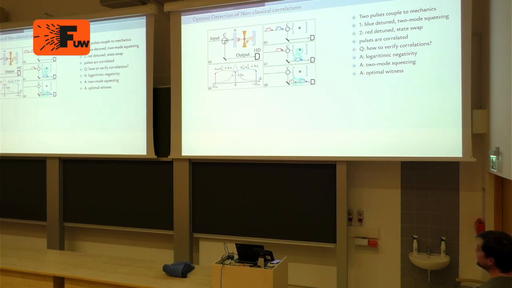The second pulse is red detuned, which means it's tuned on the lower mechanical sideband, and it performs the state swap, right? So the first pulse is blue detuned. That's the two-mode squeezing between the light and the mechanics, and the second one swaps the state of mechanics onto the state of the pulse. So after the first pulse, we have optomechanical entanglement.